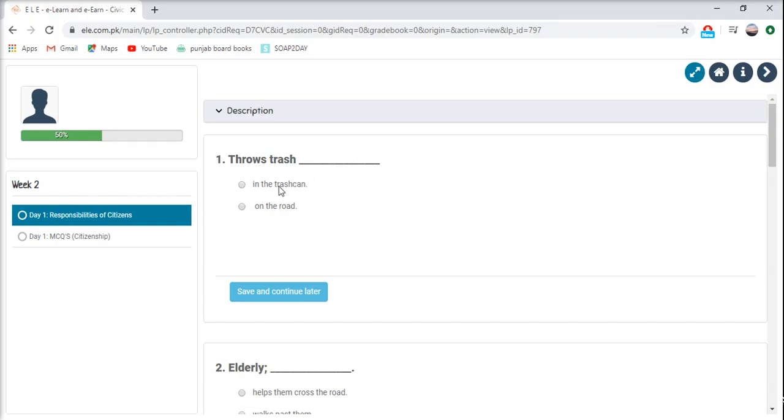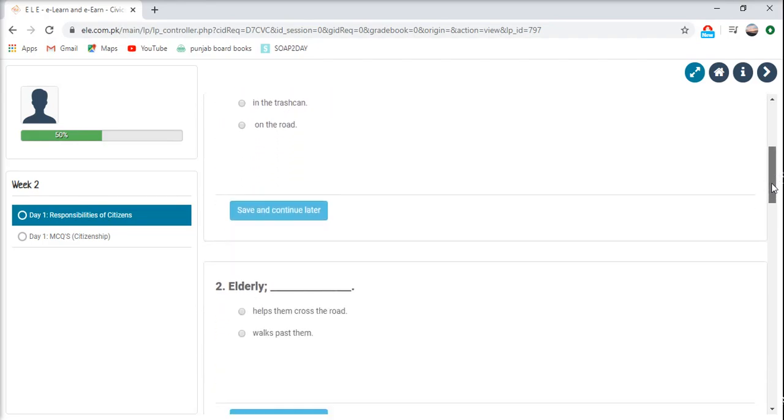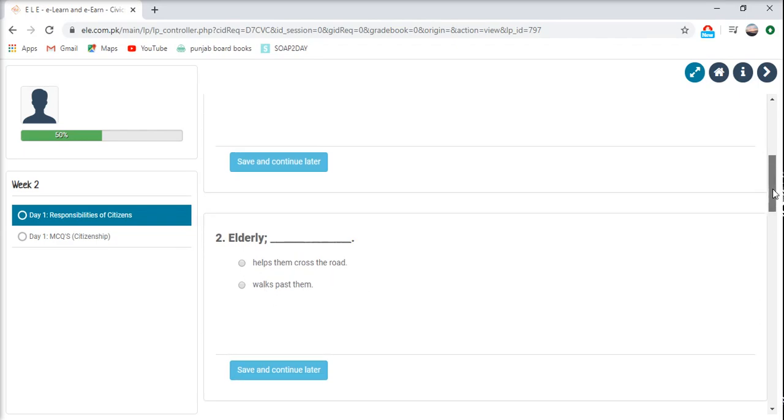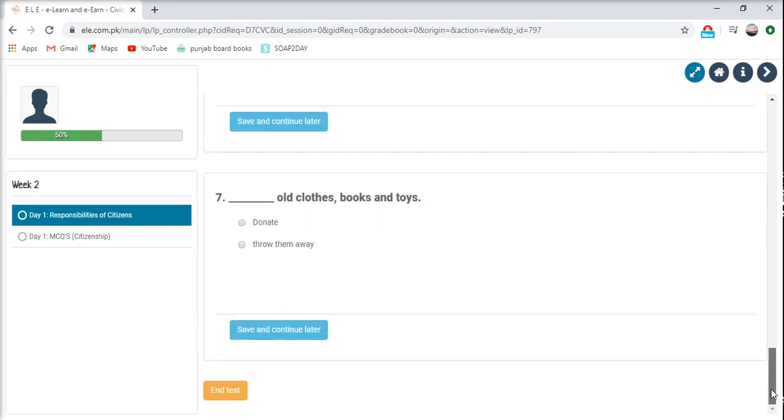Throws trash in where? Choose the correct answer. Elderly helps him cross the road, walks past them. What does a good citizen do? Choose the correct answer, and at the end, end the test, and you will get your answers. After doing this, your Week 2, Day 1 for Civics is done.